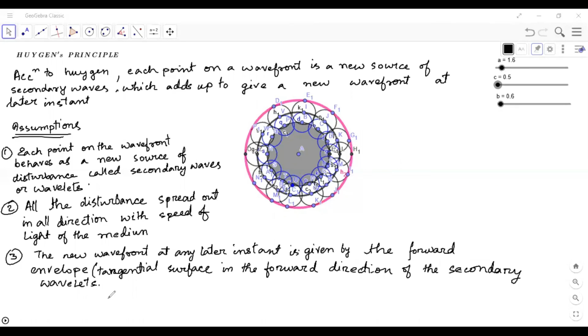Okay, so these are the 3 points which explain Huygens principle more clearly.